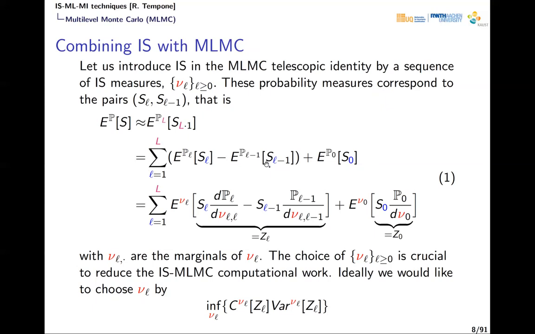We just telescope, and we not only telescope the approximation of the quantity of interest due to discretization, say, but we also telescope with respect to the measures here.